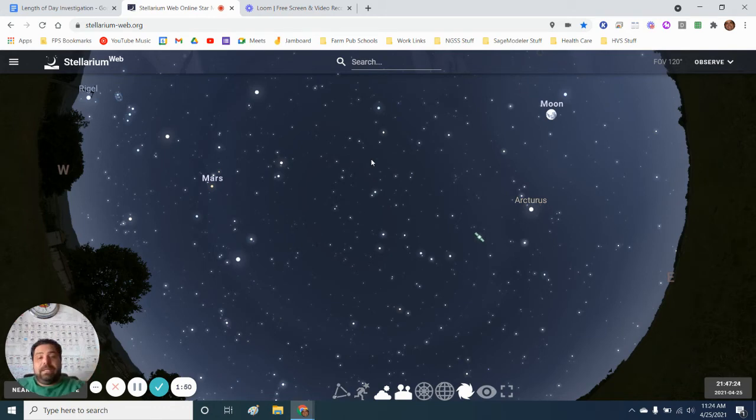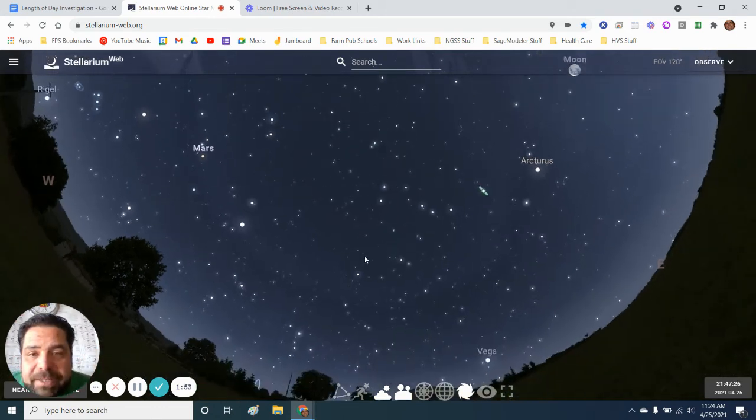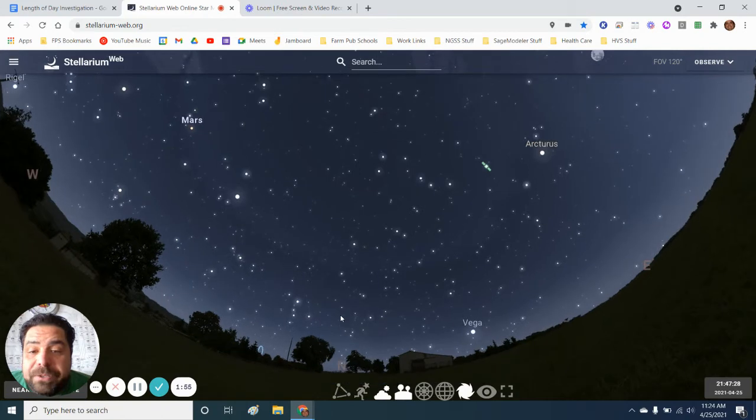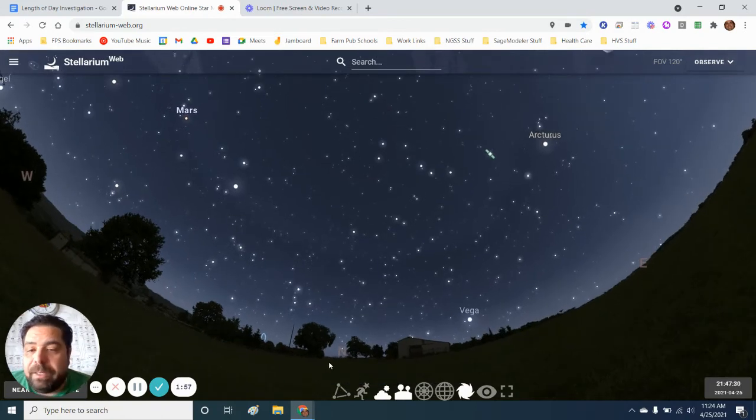When you're looking in the direct center of this part of the sky, that means you're looking straight up. Everything in between is going to be between 0 and 90 degrees, because straight up is a 90-degree angle. Everything between the horizon and directly above you is between 0 and 90 degrees, okay?